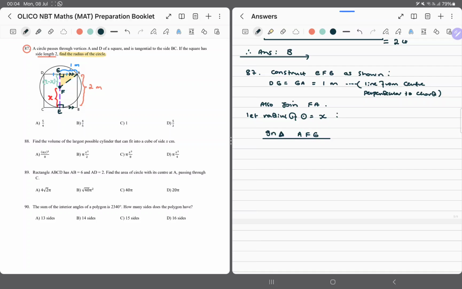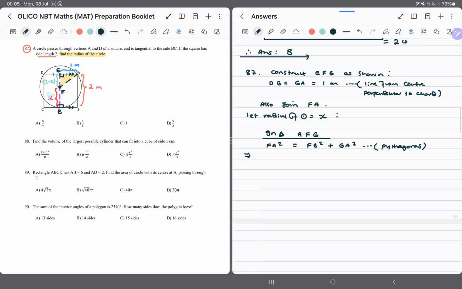We want FA. FA squared equals FG squared plus GA squared. And we learned this from Pythagoras. All right. This implies FA is radius, isn't it?